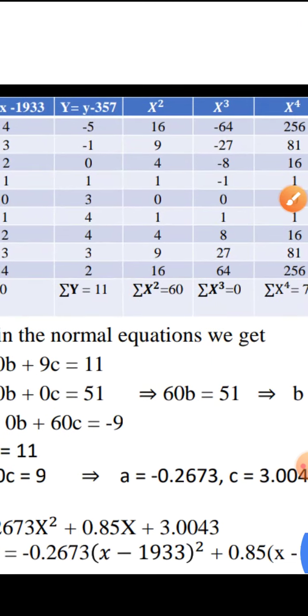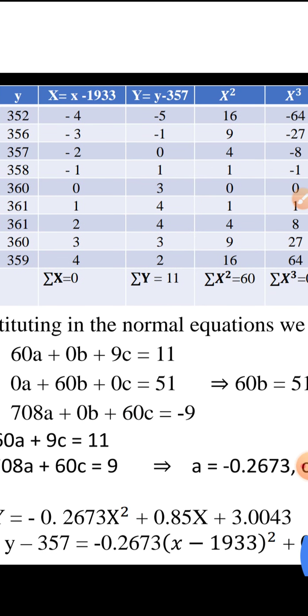Then see what equations result: 60a plus 0b plus 9c equal to 11, 0a plus 60b plus 0c equal to 51, 708a plus 0b plus 60c equal to minus 9.